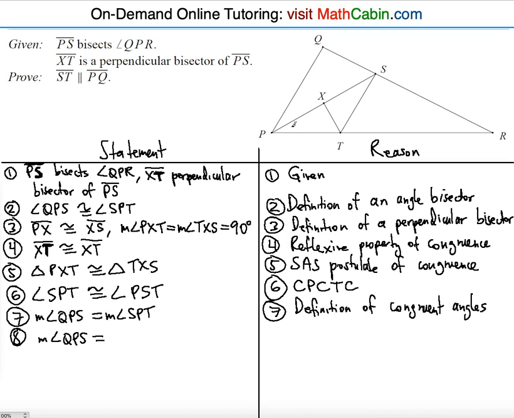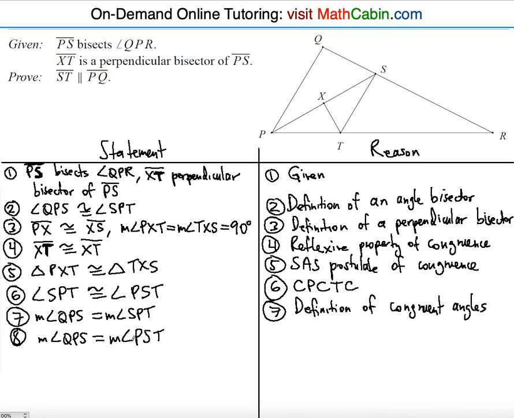But remember, this angle measure was equal to that angle measure, right? Because SPT was congruent to PST, as we showed in line 6. So now we can substitute. We can say the measure of QPS is equal to the measure of angle PST.